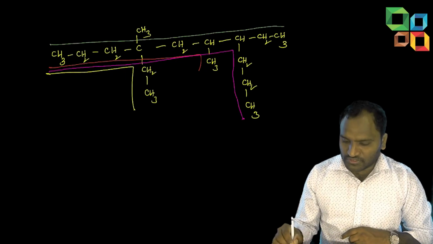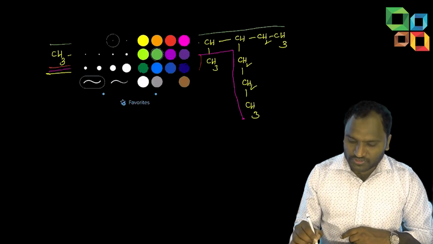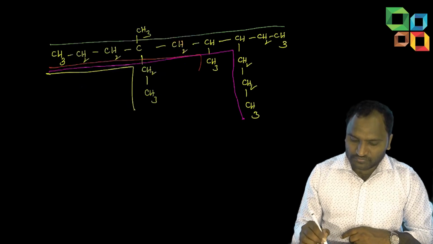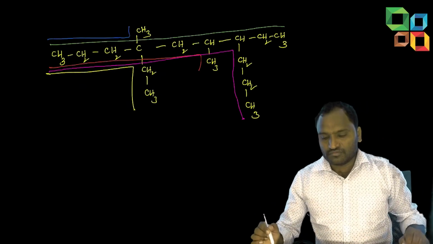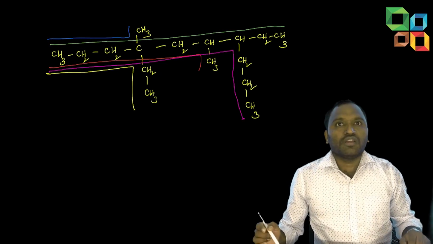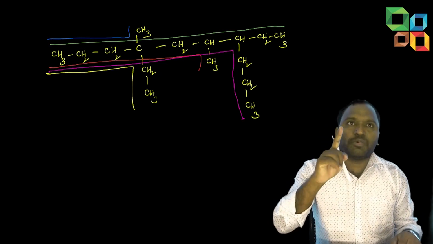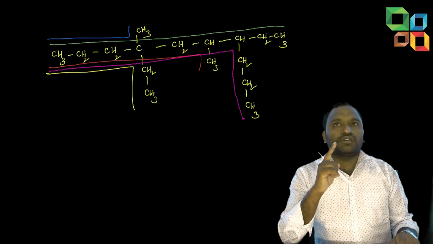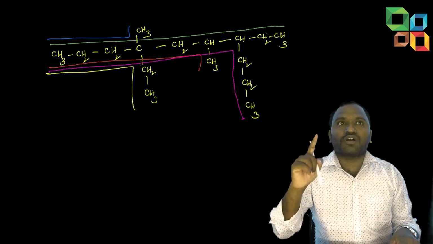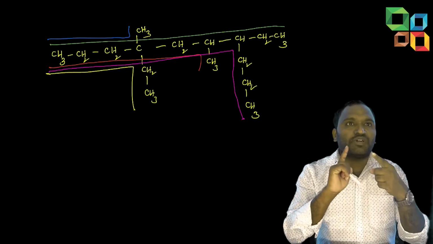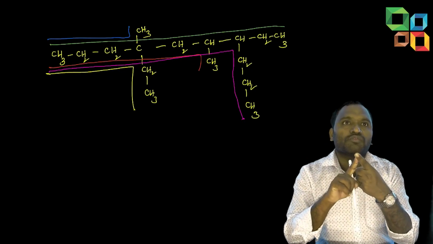This is one chain. And one more is there. This is one chain. In this, which you have to consider as parent chain? The chain which contains more number of carbon atoms. Parent chain must contain more number of carbon atoms.